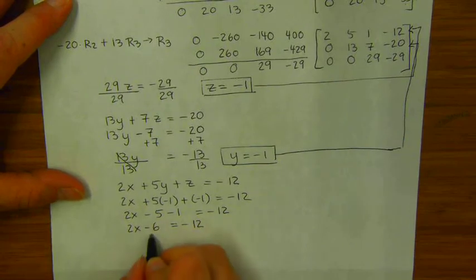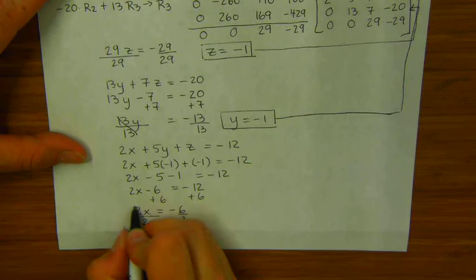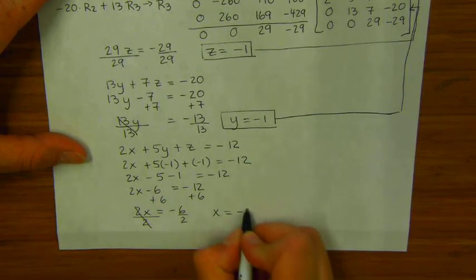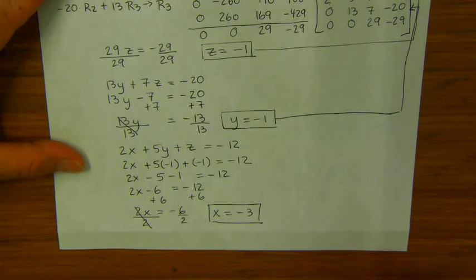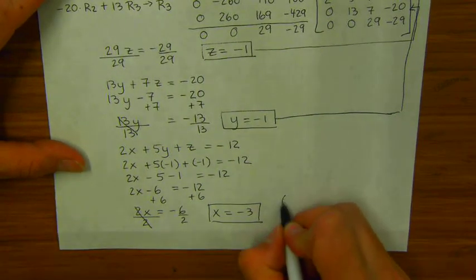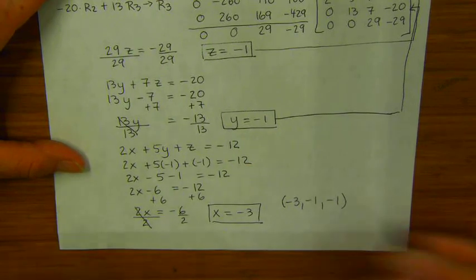Add 6 on both sides and you get 2x is equal to negative 6. And we're almost done. We divide by 2 on both sides, and x is equal to negative 3. So the solution for our system is the point negative 3, negative 1, negative 1.